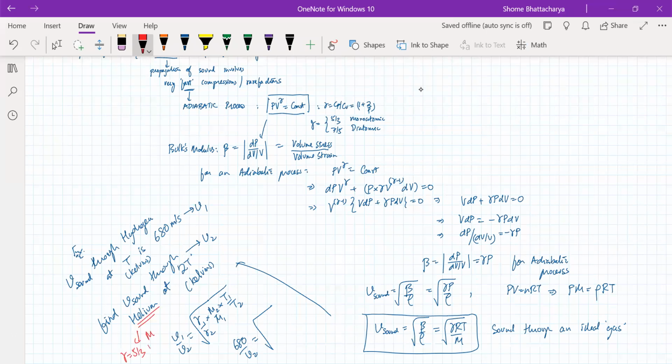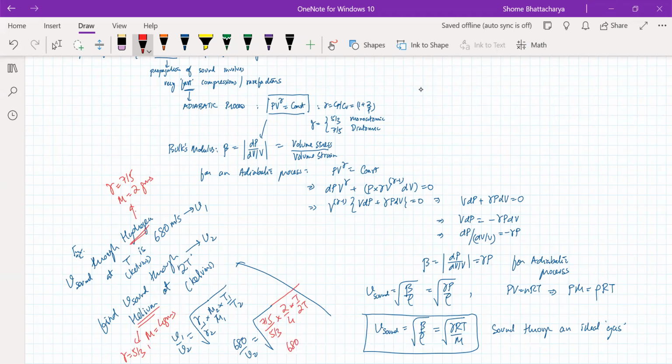And its molar mass is 4 grams, 2He4. Whereas hydrogen is a diatomic gas, and its molar mass is 2 grams, H2. So this will become 7 by 5 divided by 5 by 3, into 2 by 4, into T by 2T.